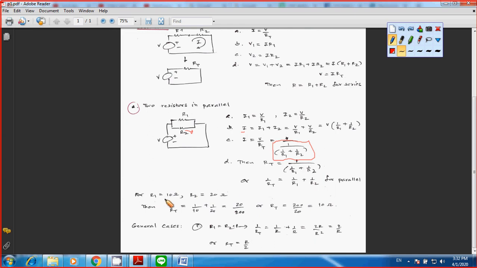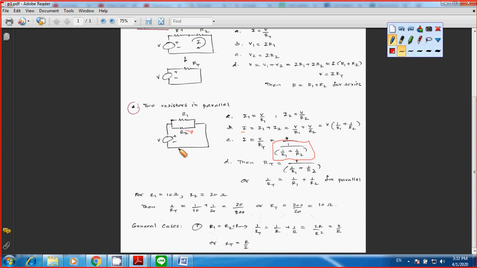For example, R1 equal to 10 ohms and R2 equal to 20 ohms. Then 1 over RT equal to 1 over 10 plus 1 over 20. So you have 30 divided by 200, or your RT simply equal to 200 over 30. So let's take a look at general cases.